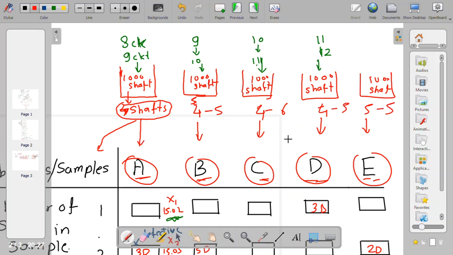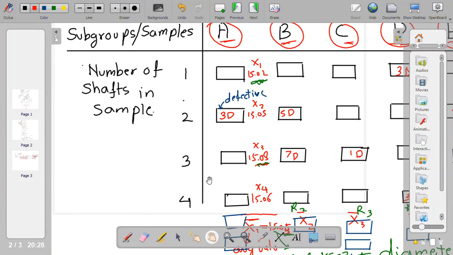So in each subgroup number of items are not constant. In all the charts we have seen, the number of items were constant, but in case of U chart, when to use U chart? When the number of items are not constant or when the sample size is not constant.